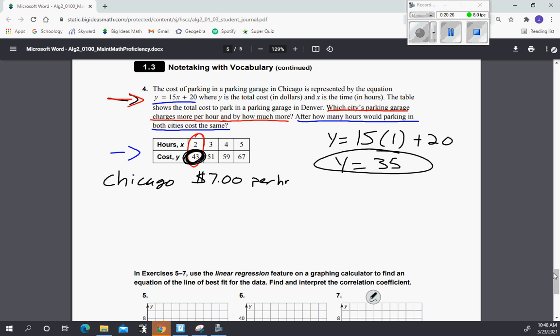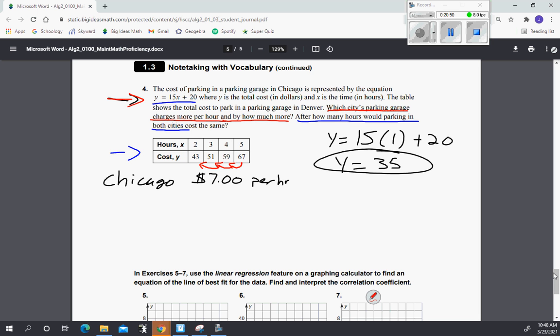What is it for 1 hour in Denver? In Denver, it looks like it goes down how many dollars per hour? Or up, I guess. Looks like it goes up $8 per hour, right? 43 to 51, that's $8. 51 to 59, that's $8. 59 to 67, $8.